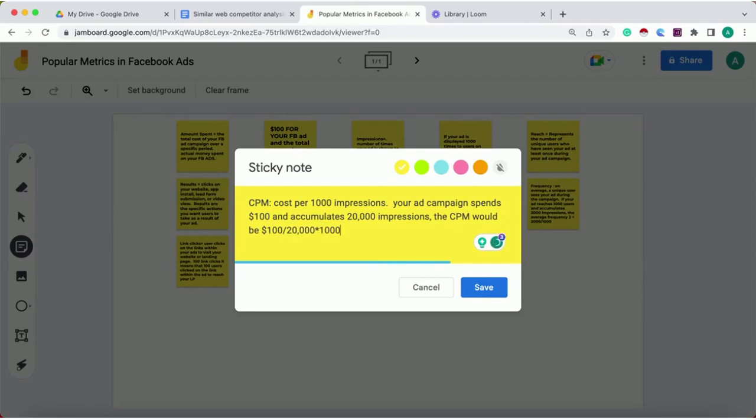That comes out to be $5 per 1000 impressions. So for every 1000 impressions you are paying $5 to Facebook.